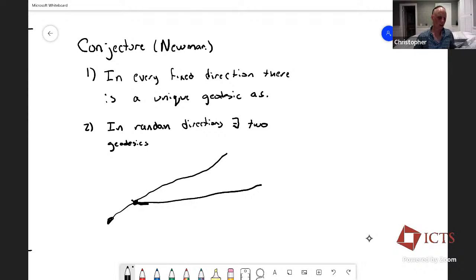But what we do know is that there's at most a countable set of geodesics where the probability of getting multiple geodesics is positive.